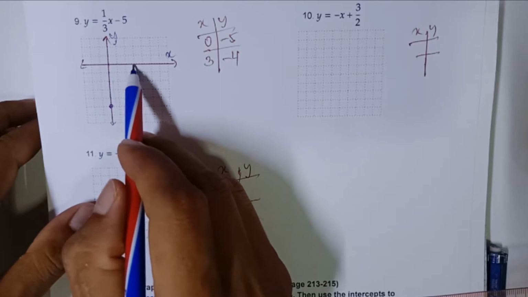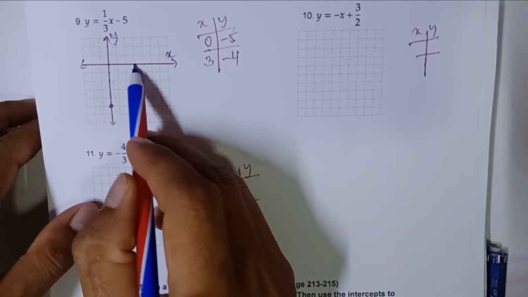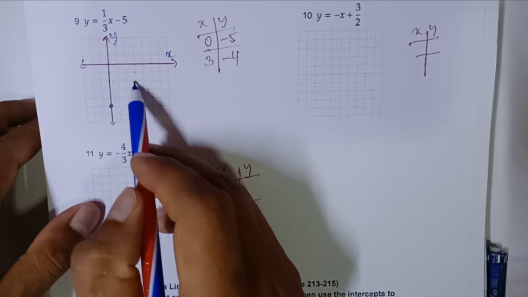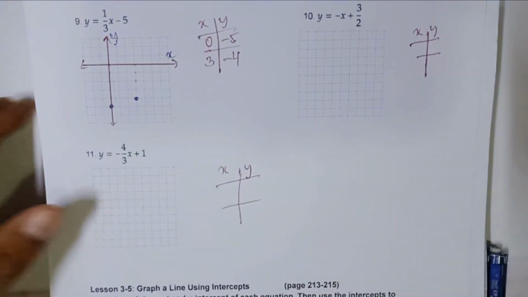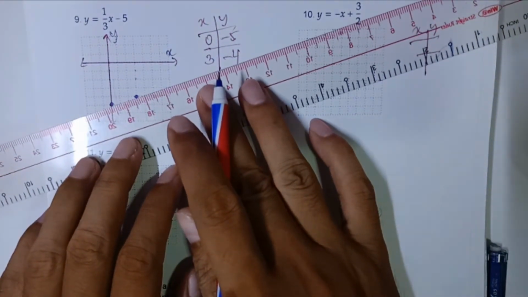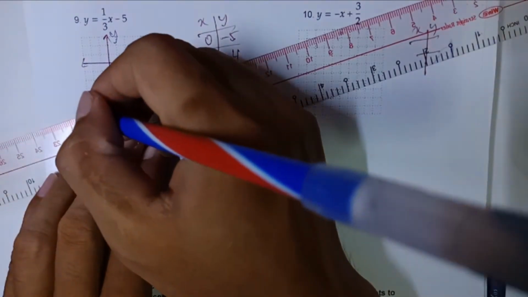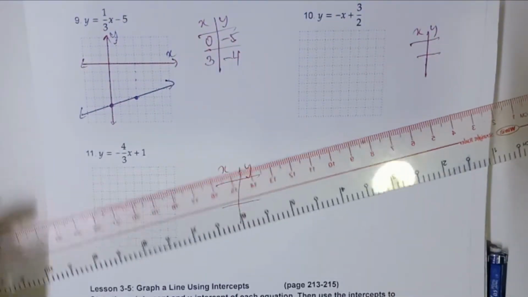So you have 1, 2, 3, when x is 3, your y is -4, so count down 4, 1, 2, 3, 4. Okay, you have 1 point right here also. So once you have that, you just connect the points together, and you will have a line. Okay, like that.